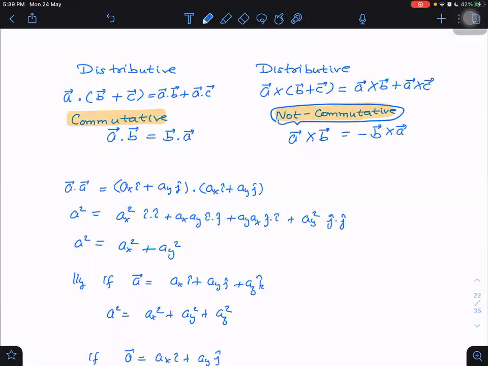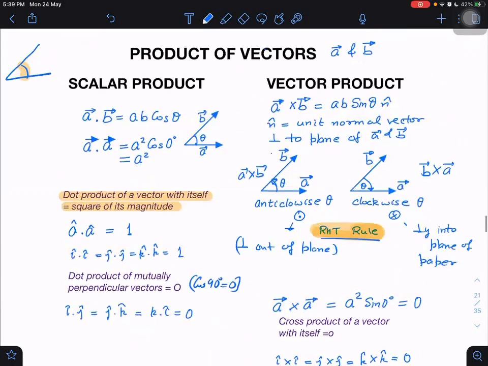That is the difference. A cross B will not be B cross A. Their directions are opposite. A cross B is in which direction? I told you in the example before. A cross B is pointing dot in this case, and B cross A is pointing just opposite to that. They are opposite of each other. A cross B and B cross A are opposite, but magnitude wise both are the same, equal to AB sin theta.